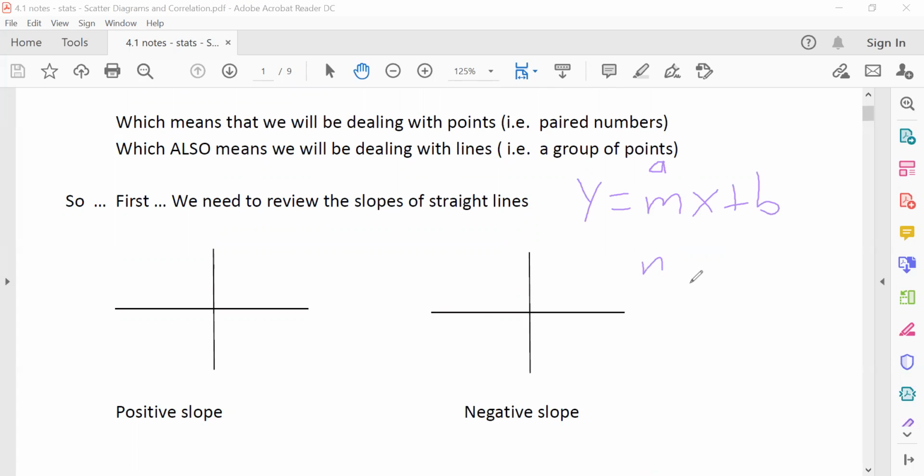But m is going to be the slope of the line. The coordinate (0, b) always has 0 for the x coordinate. b, found from the equation, is the y coordinate. That is called the y-intercept. It's where your line crosses the y-axis, simply put.